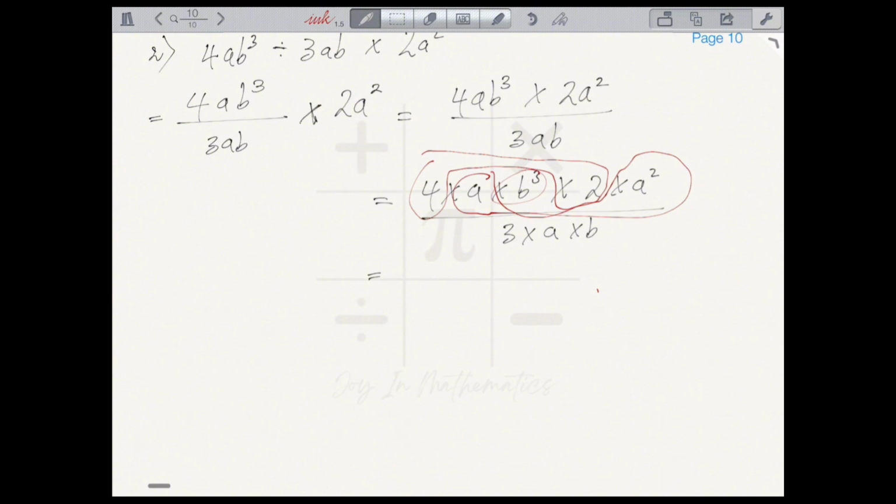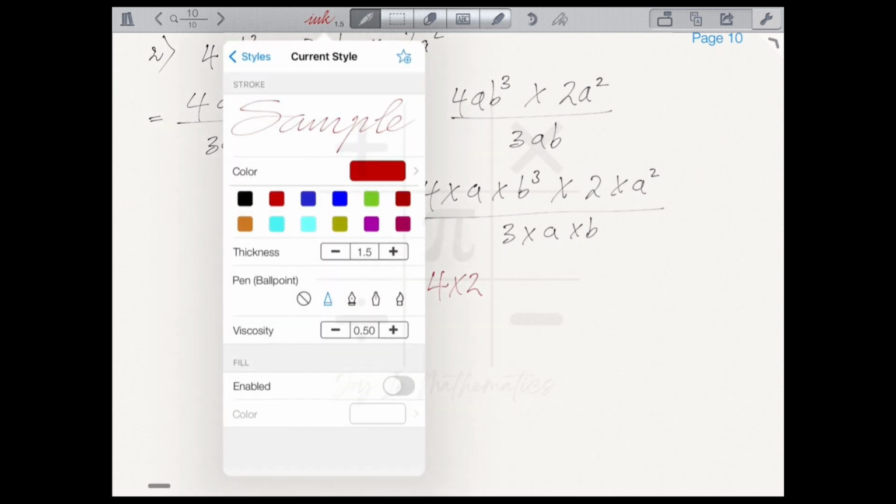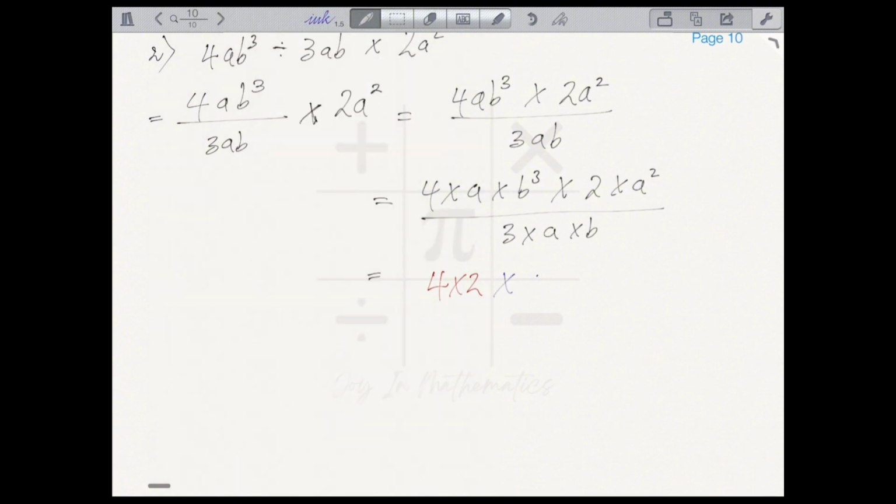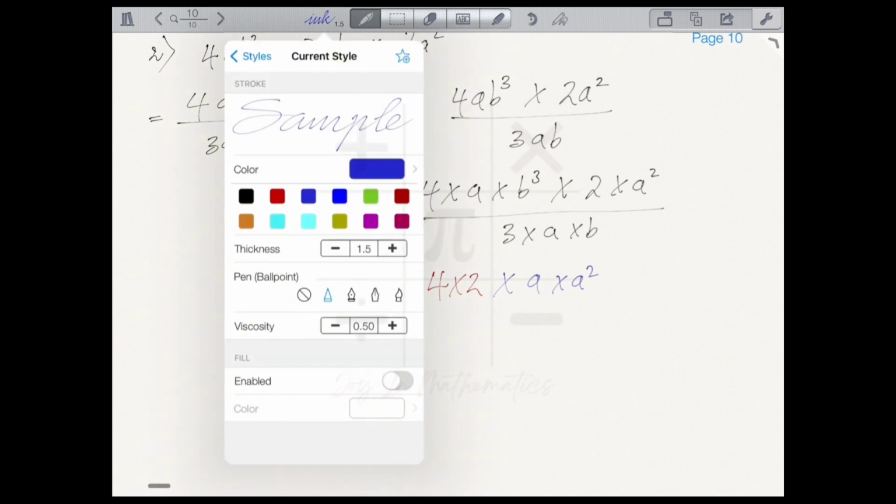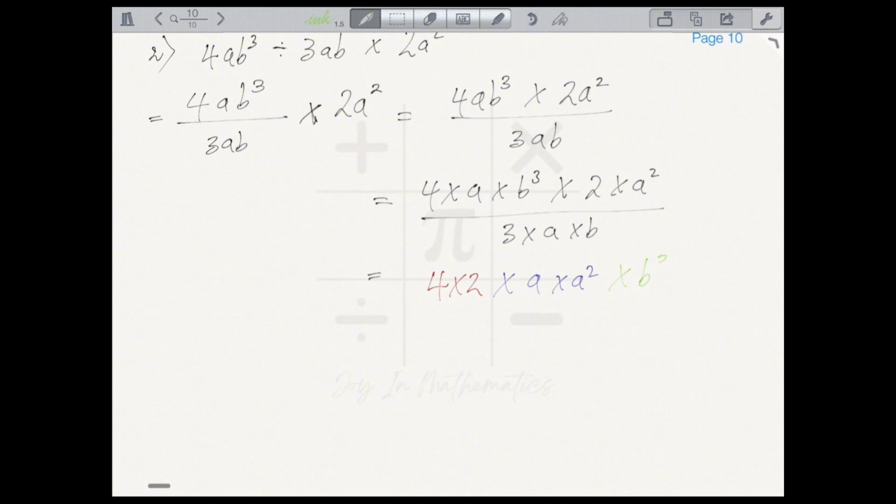Let's have a better picture of that, and we say that the numerator will be 4 times 2 multiplied by a times a squared, and then finally multiplied by b raised to power 3.